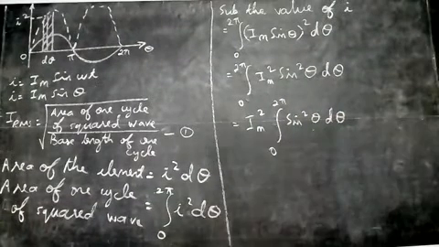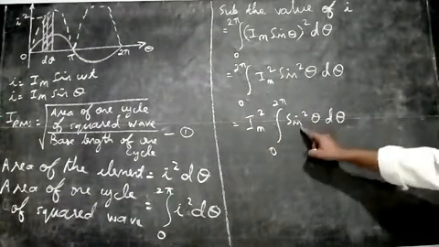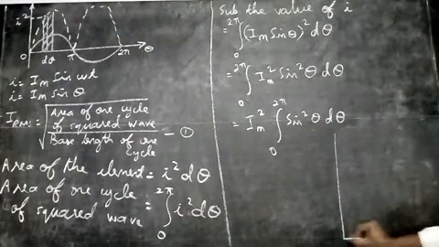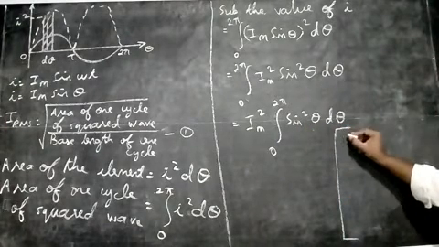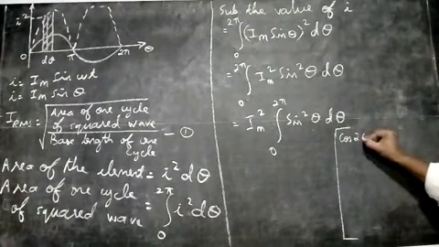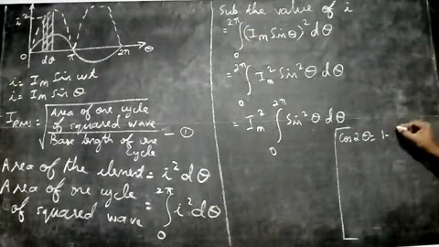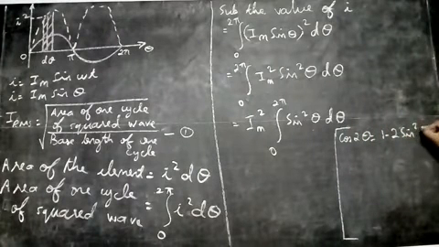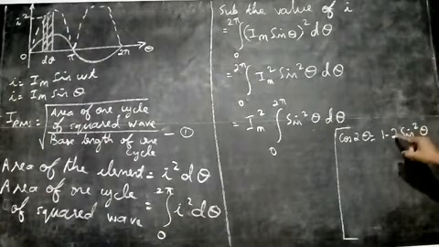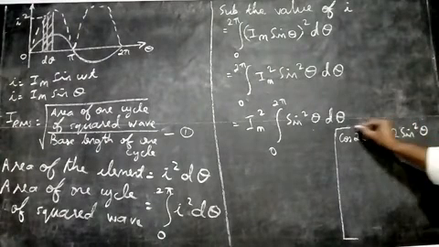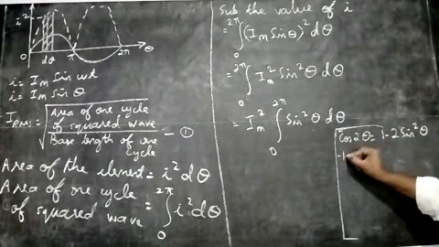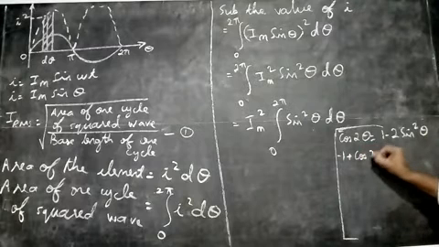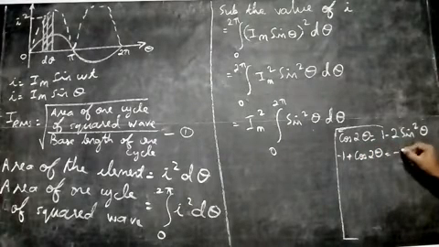Let us see what this sine square theta means. We know that cos 2 theta is equal to 1 minus 2 sine square theta. So you must get the value of sine square theta. Take this 1 to the left side, it becomes minus 1. So minus 1 plus cos 2 theta is equal to minus 2 sine square theta.